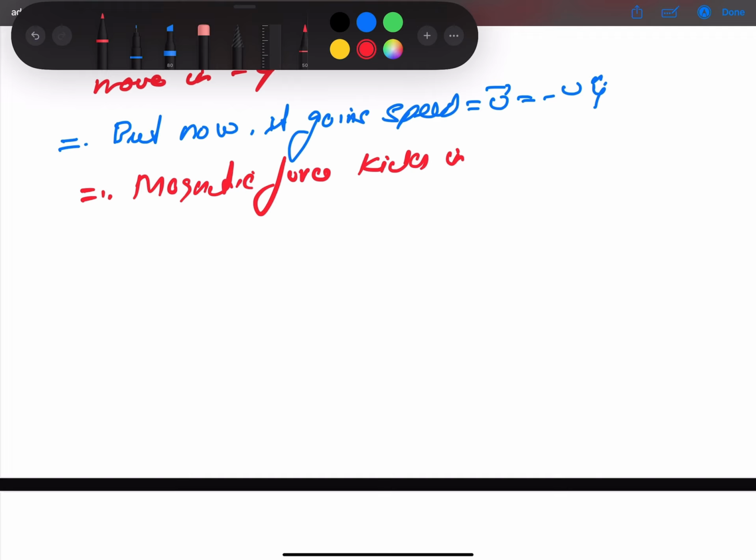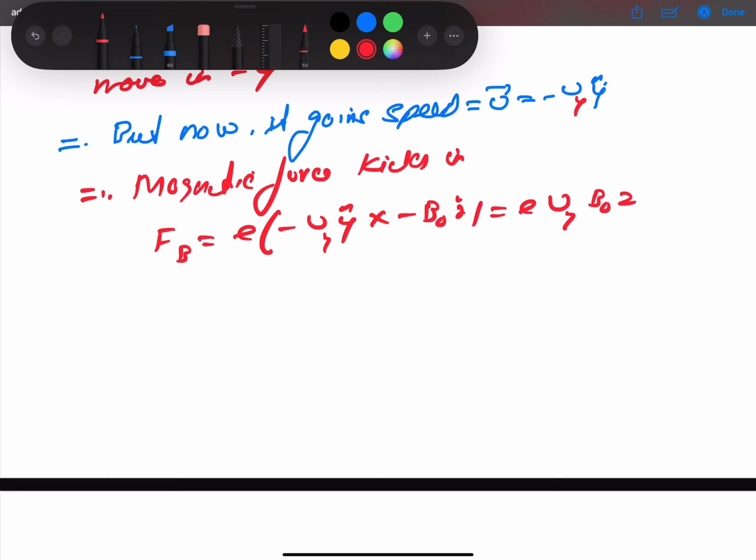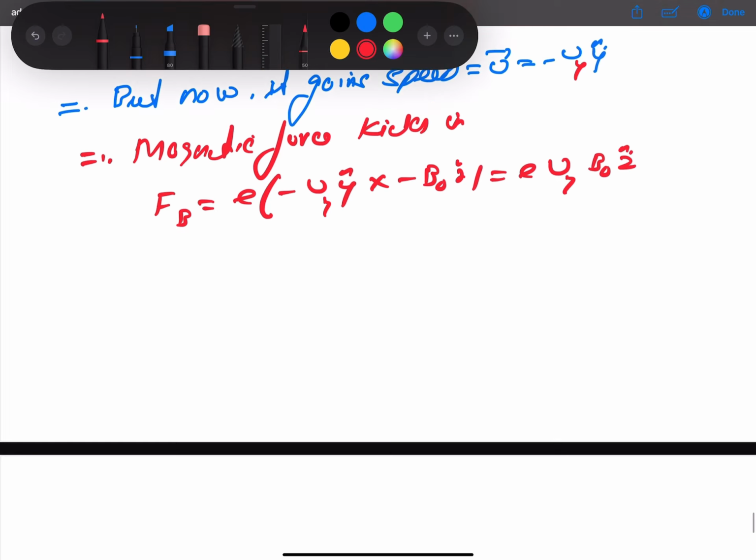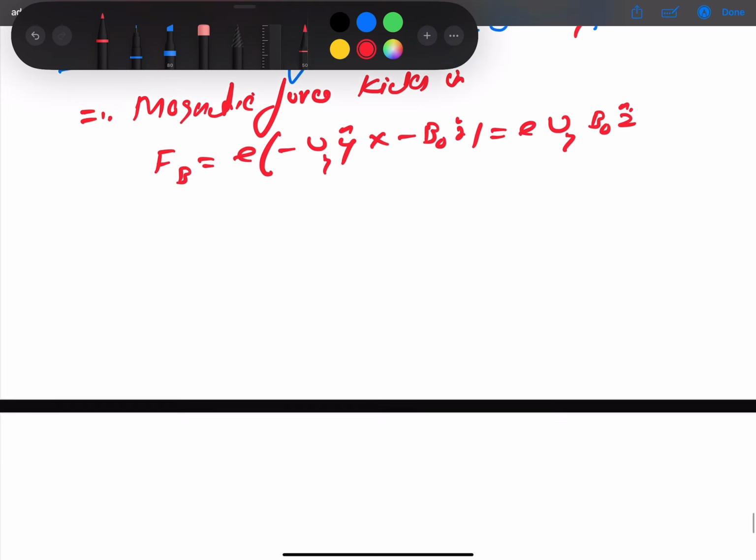So we can say our magnetic force will be equal to charge times minus y unit vector cross minus x unit vector. So this gives us E velocity, and that velocity is in y direction, and we get this as B naught and z unit vector. So magnetic force has now a component of plus z.